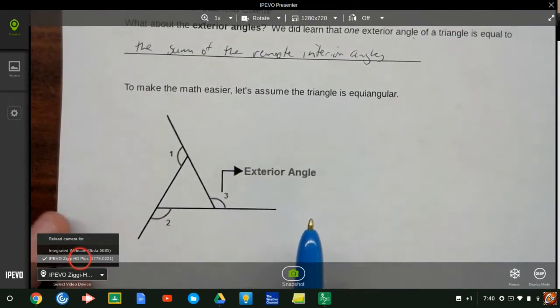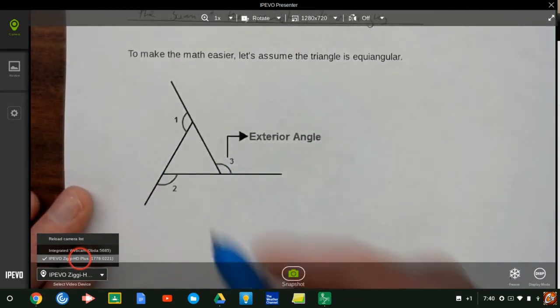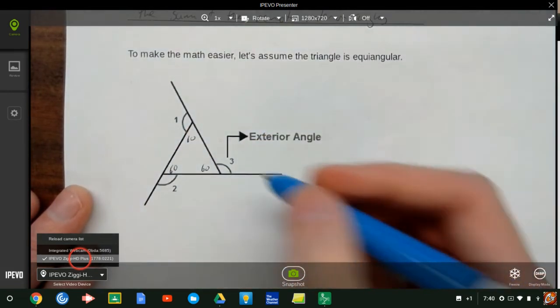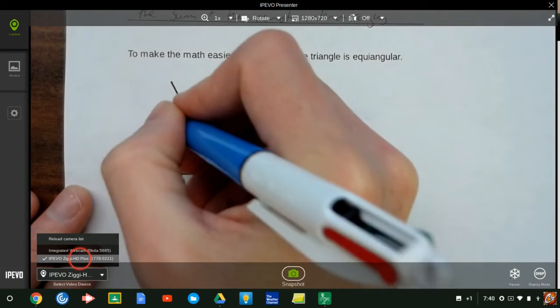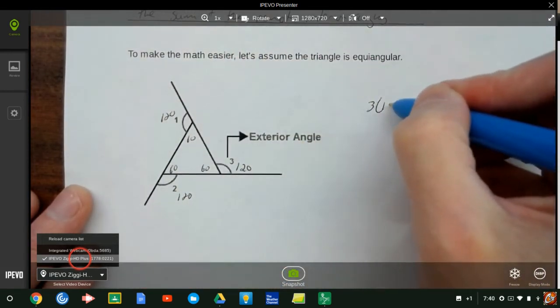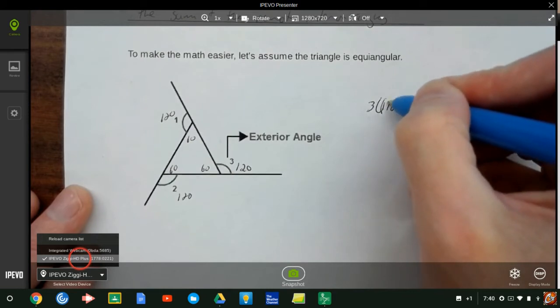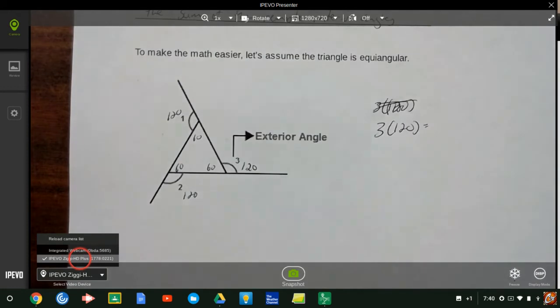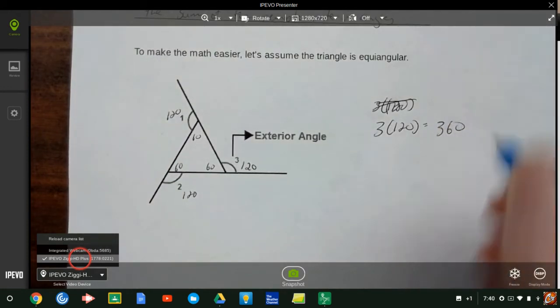Now, let's make the math easier. Let's assume this is an equilateral triangle. So each of these is 60. If that's true, then each of these is 120. And if I add that up, that's 3 120s. Let's try writing that again so it actually makes sense. And 3 120s equals 360.